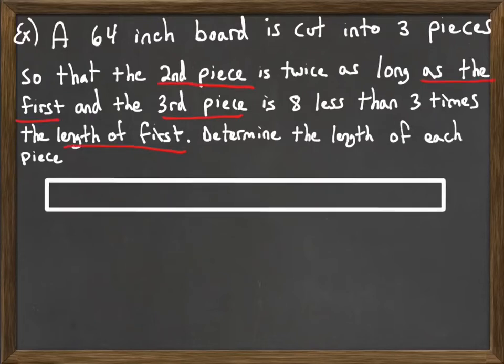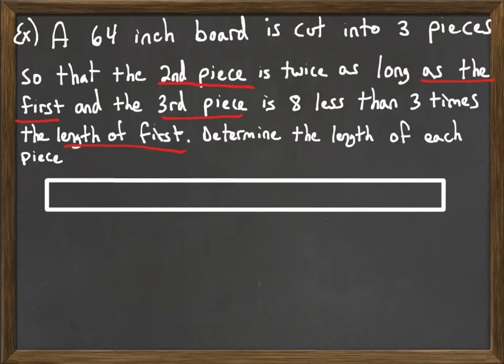The first thing I've done here is make some little marks to indicate a few things. The second piece is expressed in terms of the first piece. Notice also that the third piece is expressed in terms of the first.